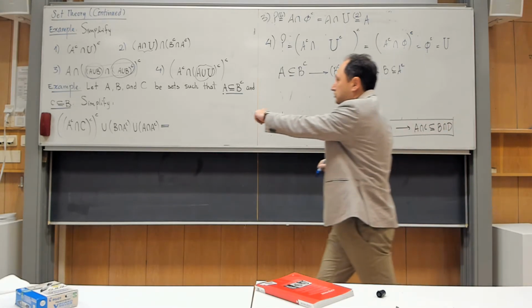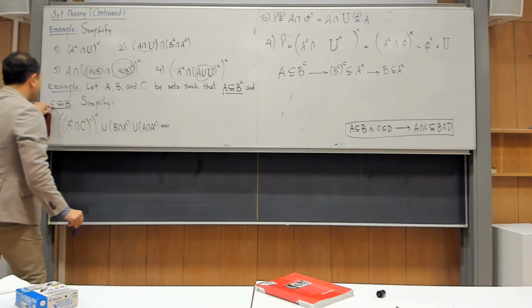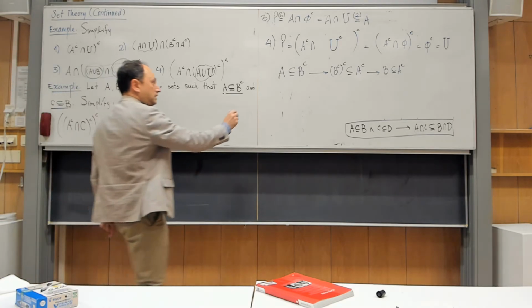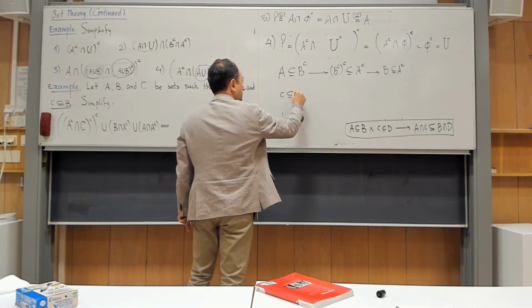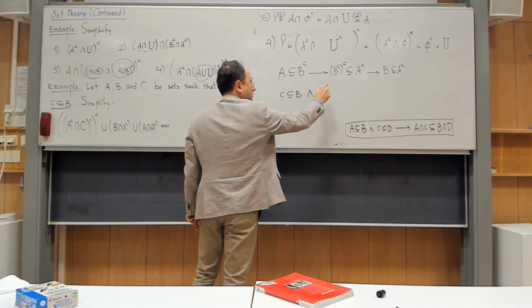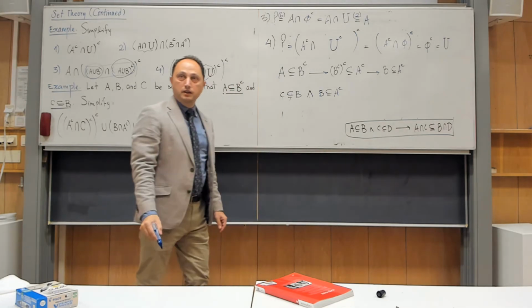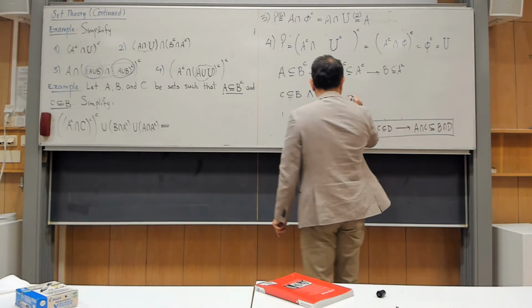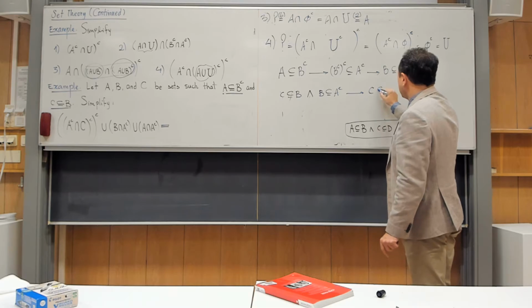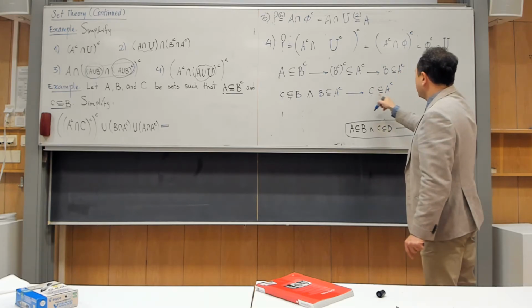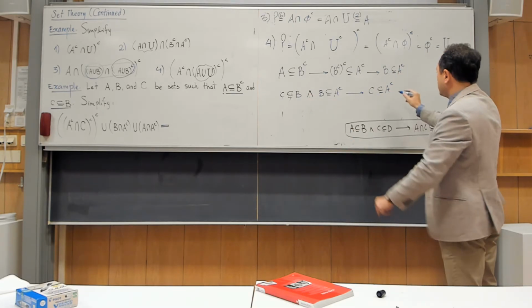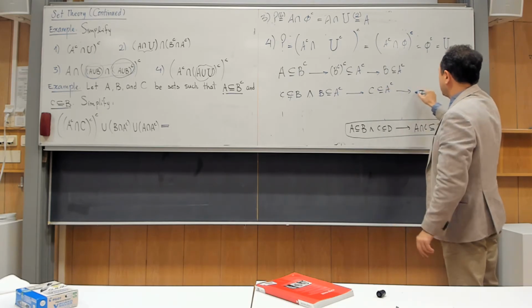Okay, now the interesting thing happens here. C is given to be a subset of B from the beginning. I realize now that B itself is a subset of A complement. So then what can happen here? C is a subset of A complement. And there I am intersecting exactly these two sets, so I'm lucky.